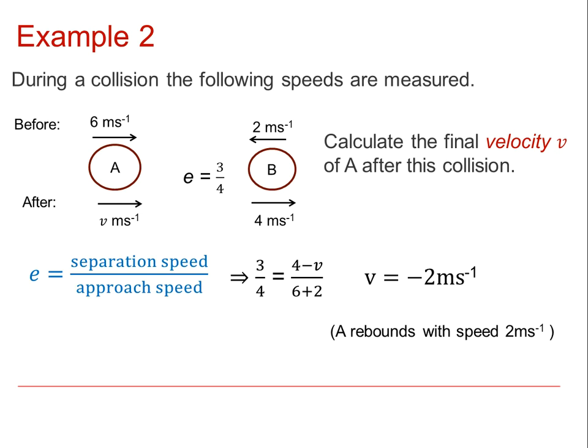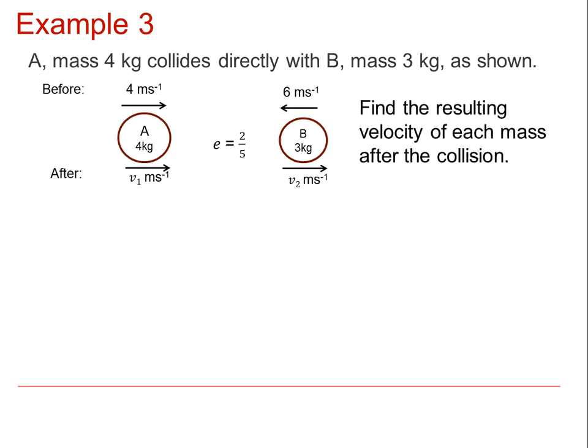Here's our final example, and you'll see we've got two unknowns. Both of the velocities are unknown. If we've got two unknowns, we need two equations. As well as the coefficient of restitution, E, or the law of restitution, we've also still got conservation of momentum. So we can write down two equations.